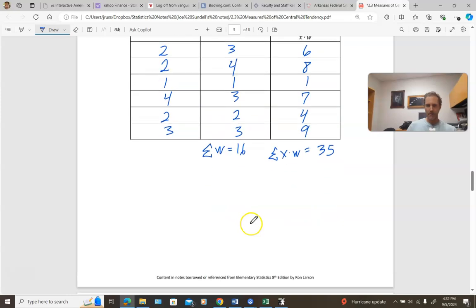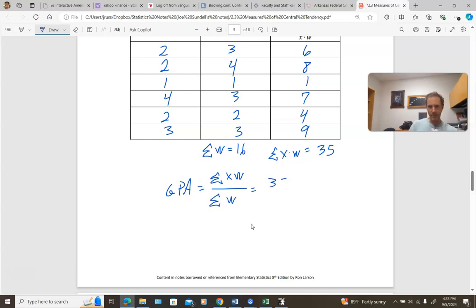And so therefore the grade point average, or X bar in this case, actually I'm going to write the grade point average, is going to be the sum of those products divided by the sum of the weights.